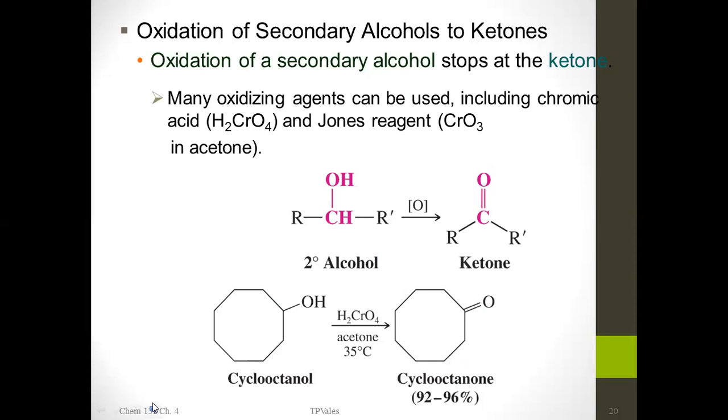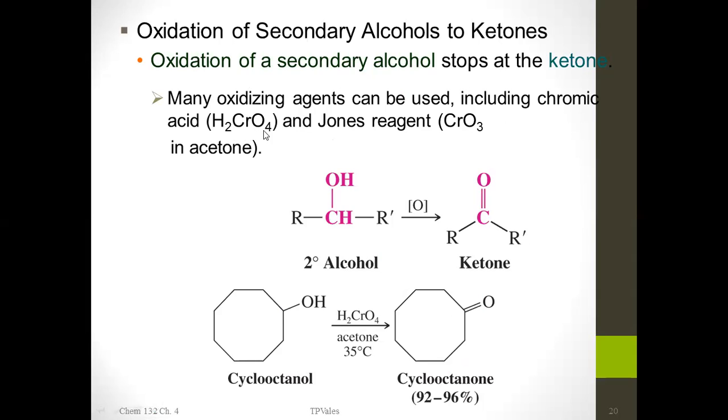Then you can have another oxidizing agent, chromic acid. This one also stops the oxidation of a secondary alcohol at the ketone. Many oxidizing agents can be used, including chromic acid. You can see here the conventional H2CrO4, with four oxygens, so automatically you can think that will be your source of oxygen for an oxidation process to occur.